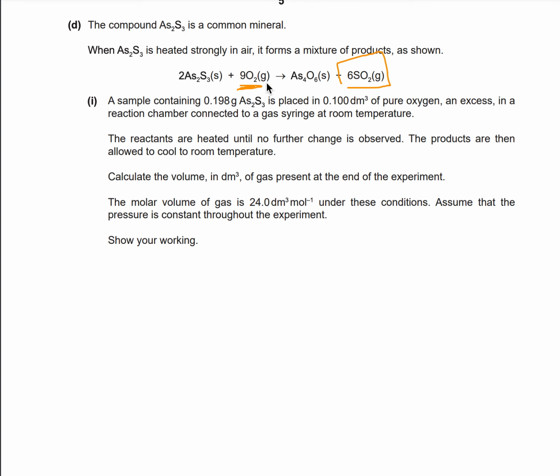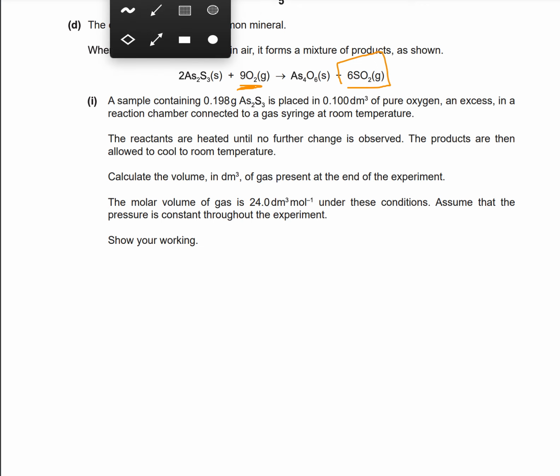Now we know what the mass of As2S3 is, and we know what volume of oxygen is used, which is an excess, from which we can figure out that some of the oxygen will be left in the remaining gas, because we need to know the remaining gas, the mixture of gases.